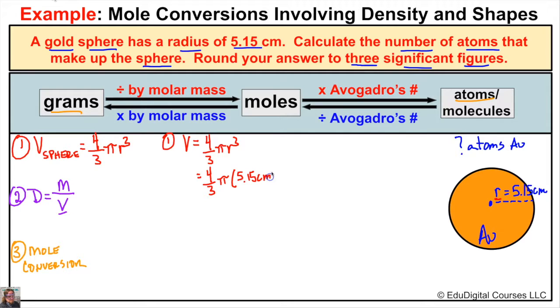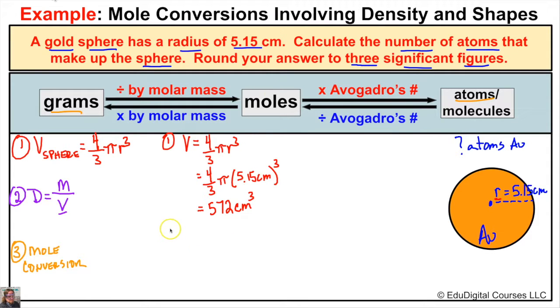And what we're going to do is cube this. And so when we put this in our calculator, we're going to end up with a volume of 572 cubic centimeters. So here is our volume. So now we know the volume of this gold sphere.